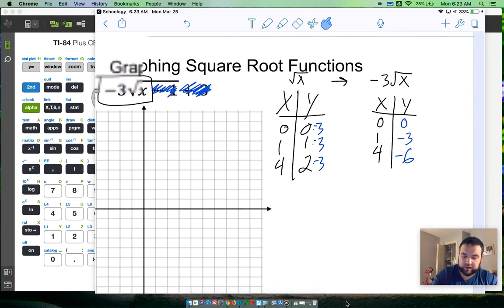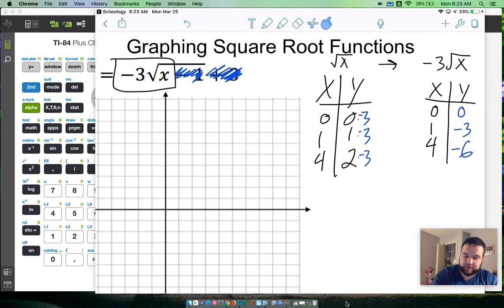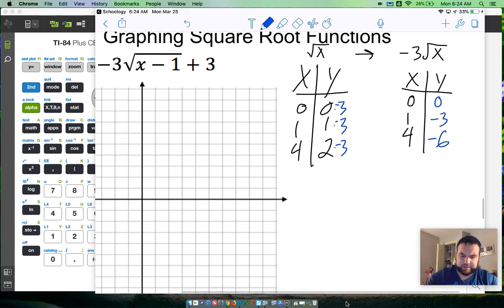But now we do have to go back and think about the fact that I had a -1 underneath the radical sign and then the +3 outside. There are 2 different ways to go from here, and I'll show you one example of each just to kind of see.